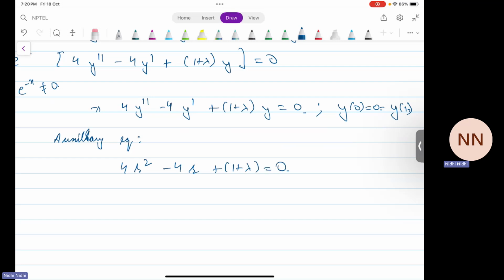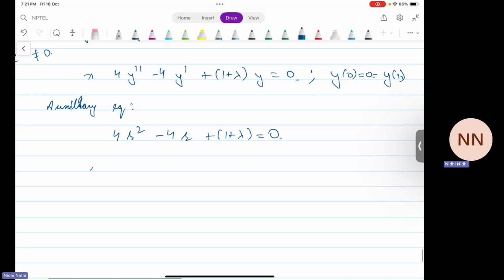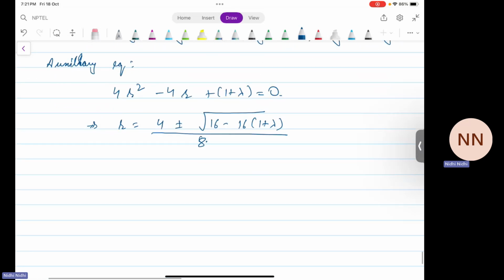Now this is a quadratic equation. From here we get r equal to 4 plus minus under root 16 minus 16 times (1 plus lambda), divided by 8. So this is basically 1 plus minus root minus lambda, by 2. Now based on the sign of lambda, we have distinct roots.